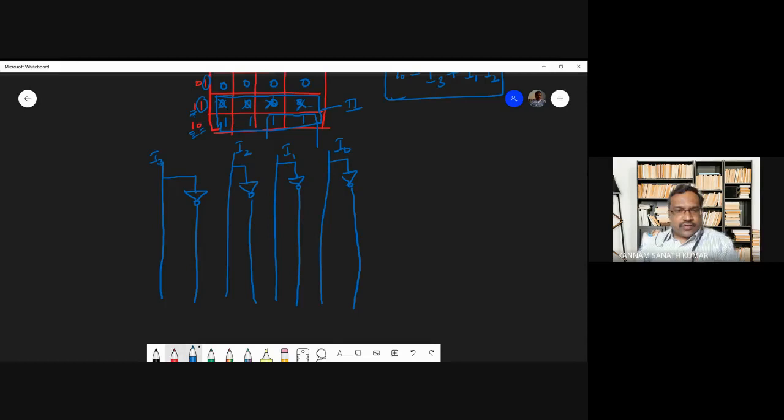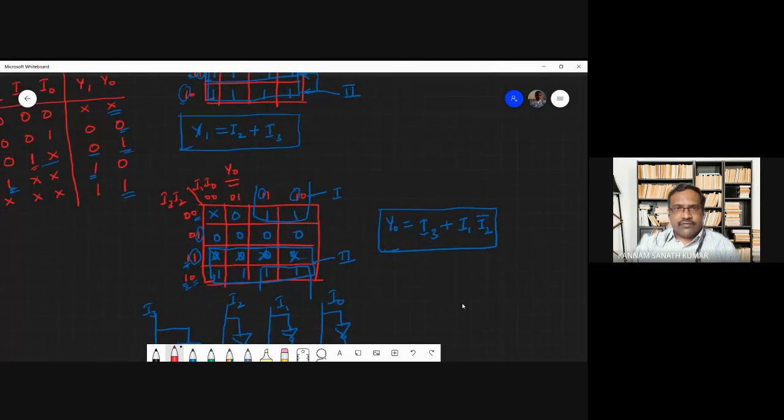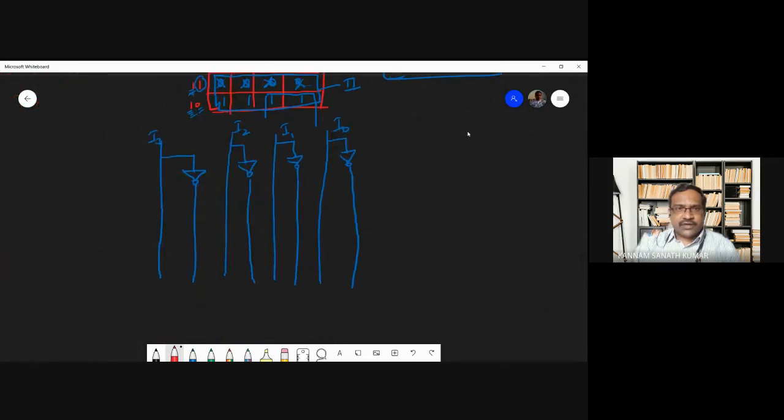Okay. So first I will see Y1. Y1 equal to what? I2 plus I3. Okay. So this is I2 and I3, I2 or I3. So this is connected to an OR gate. You are getting Y1. Okay.